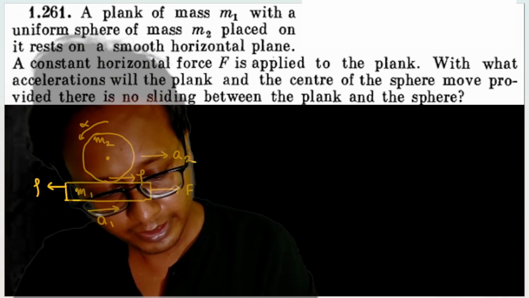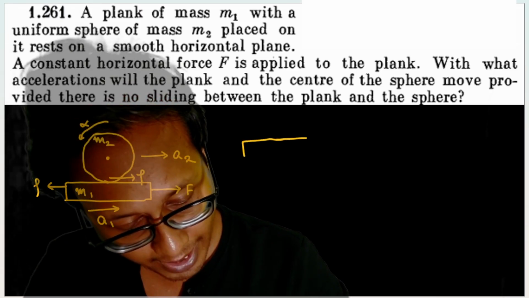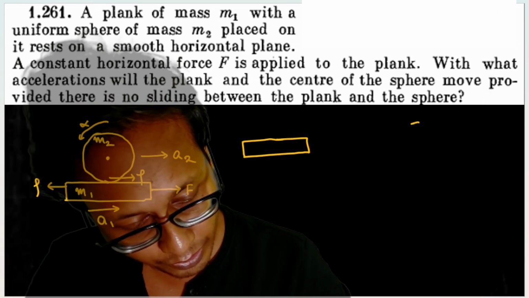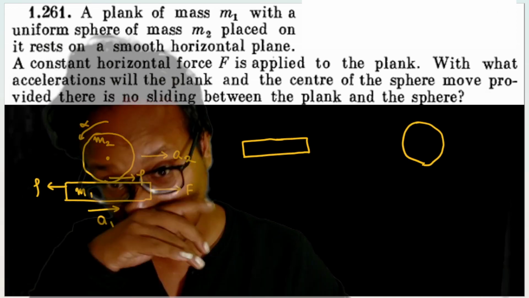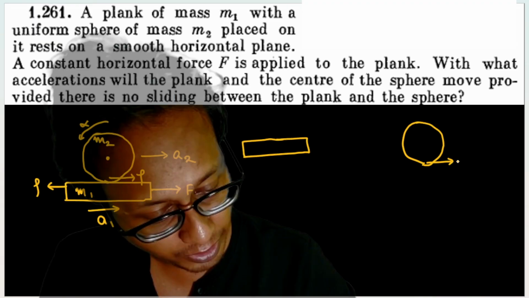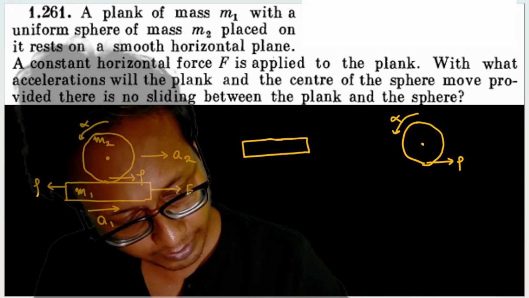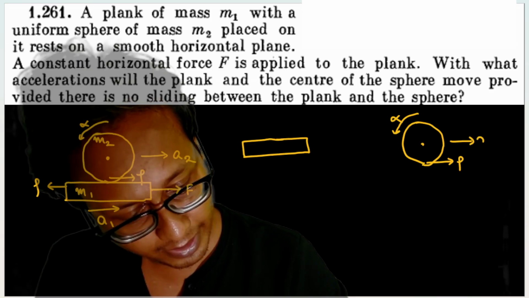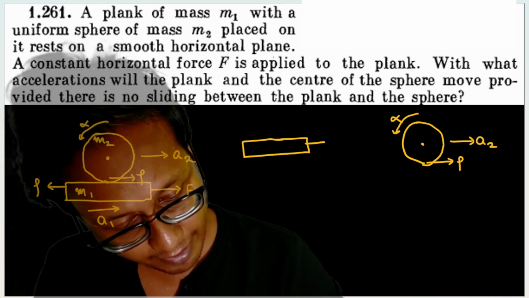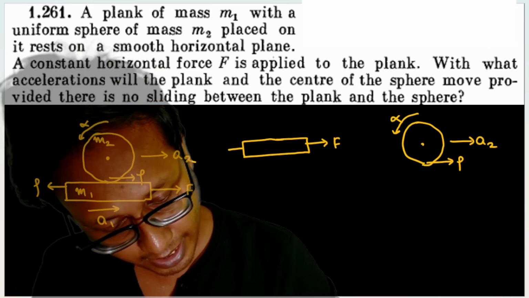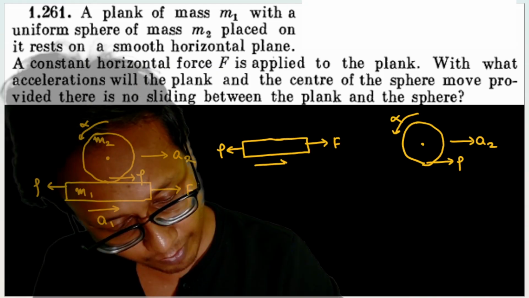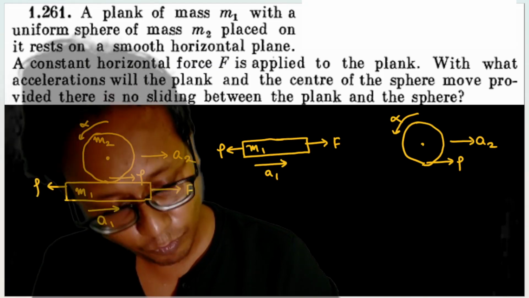So I have body 1, the slab, and body 2, the sphere. In body 2, the sphere, there will be two equations: one is the rotational equation and another is the linear equation. And in the slab, we have force and friction force and a1, so m1 a1.